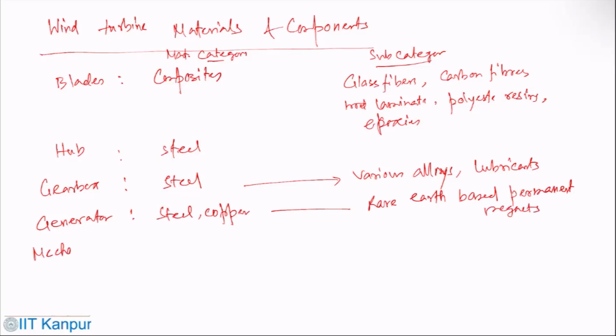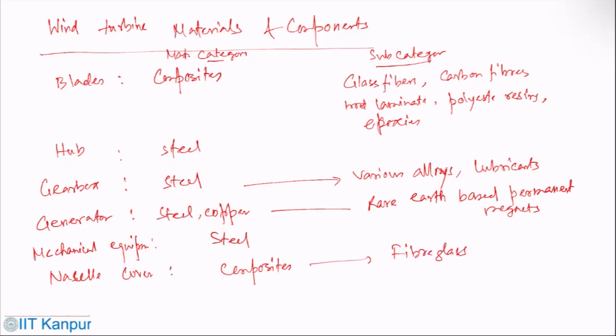Then mechanical equipment, which is again steel. Then you have nacelle cover, which could be composites like fiberglass. Then you have tower, which can use steel.